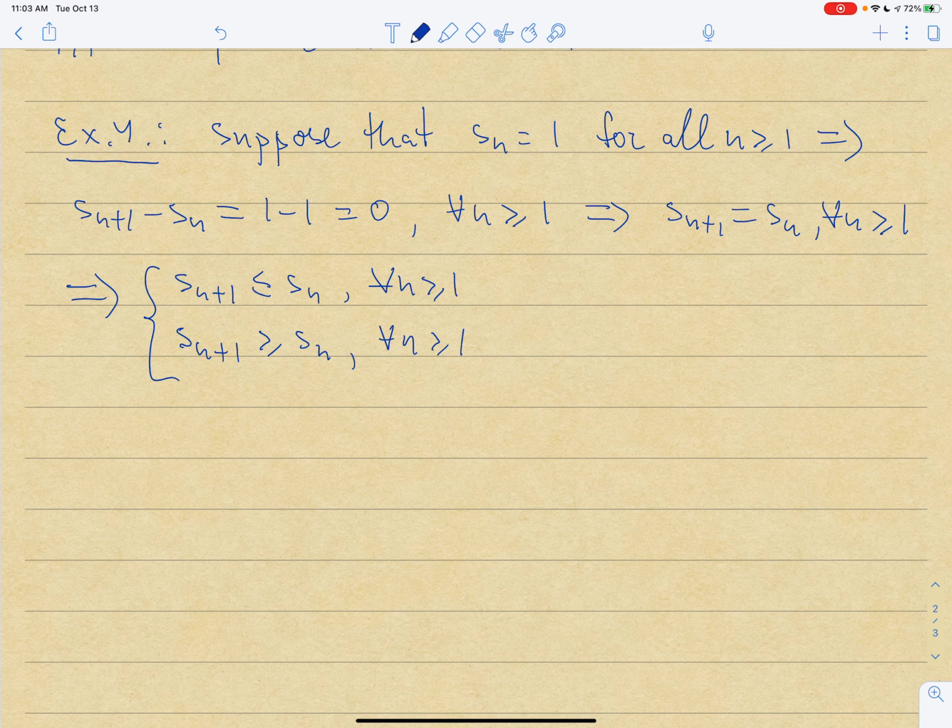So what we have is that the sequence Sn, from the first inequality, is going to be monotone decreasing because Sn+1 is less or equal than Sn. So Sn is decreasing.